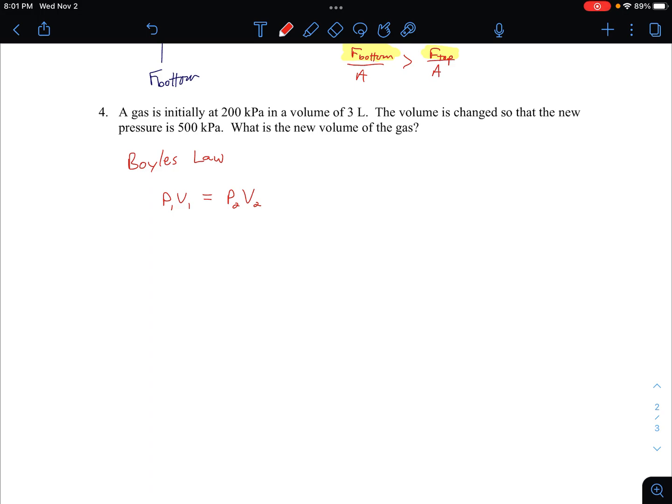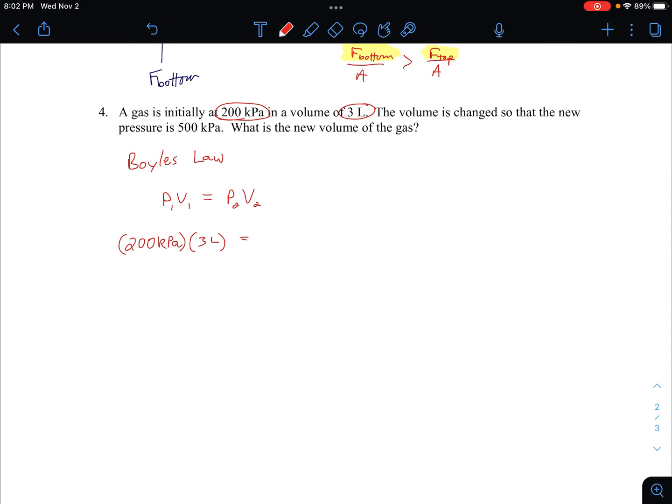So all I need to do is plug in my initial pressure, which is 200 kilopascals, and volume, which is 3 liters. Let's put those on the left side. There's my initial pressure and my initial volume.